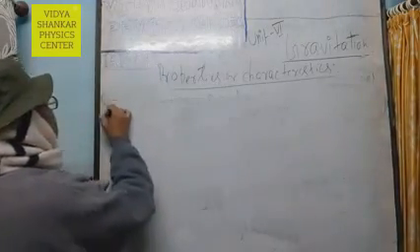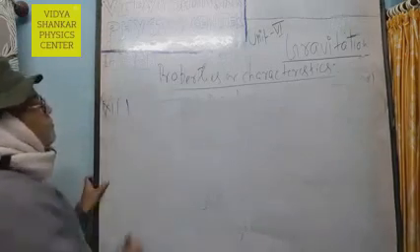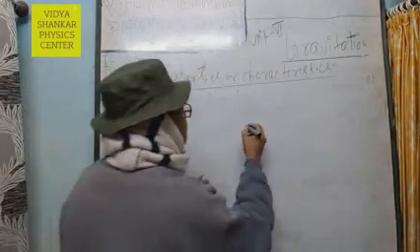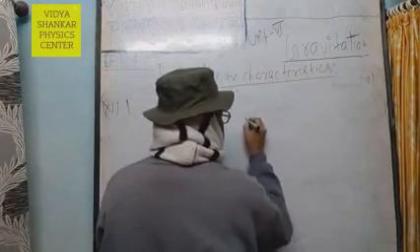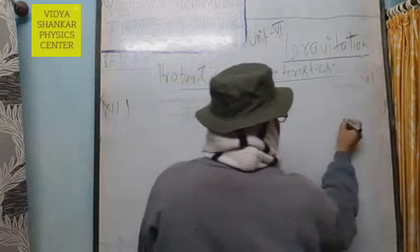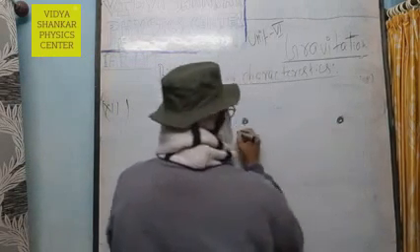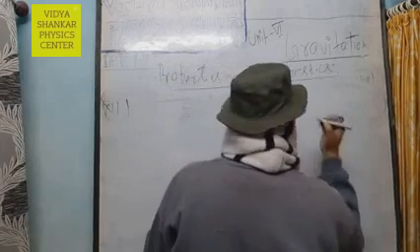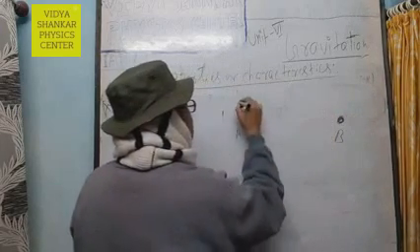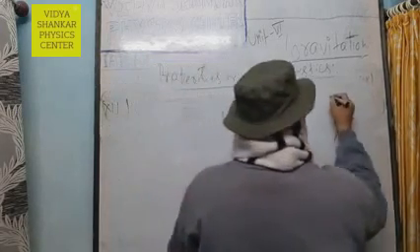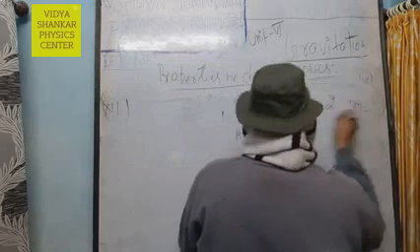Now the 12th point. First body and second body, A and B, with mass M1 and mass M2.